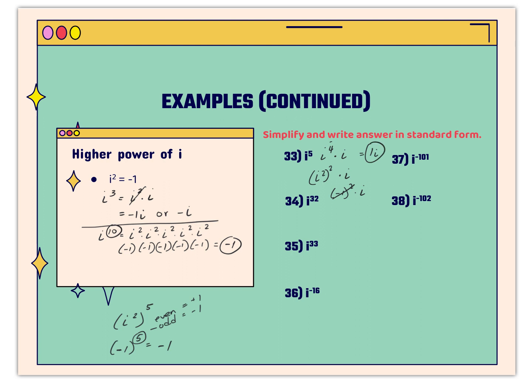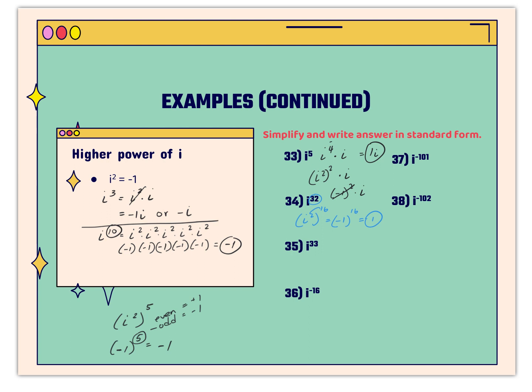Okay? So we'll do a few. I think it'll become more apparent. When it's even, it's a little easier. So the even exponent: i squared, and I've got to get to the 32nd power. Well, that means it's going to be 16 up there, because 2 times 16 equals 32. So I know it's going to be -1 to an even power, which means my final answer is just 1.